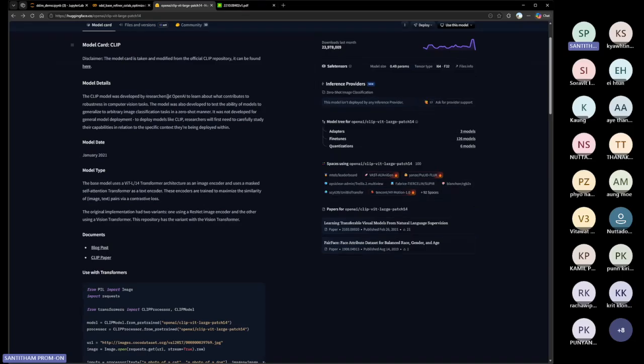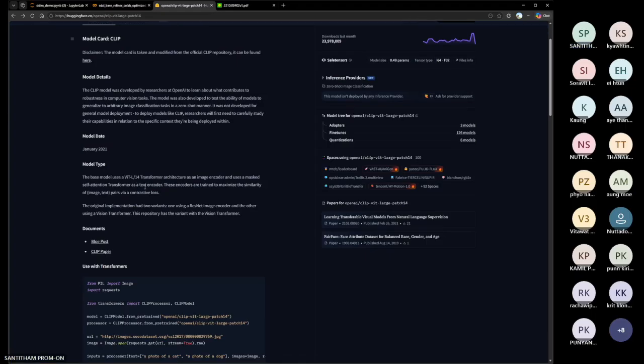This is from researchers at OpenAI. You can use it to do zero-shot because it has the best model, using the ViT-L/14 transformer architecture as an image encoder and a masked self-attention transformer as the text encoder. Hence both of these.